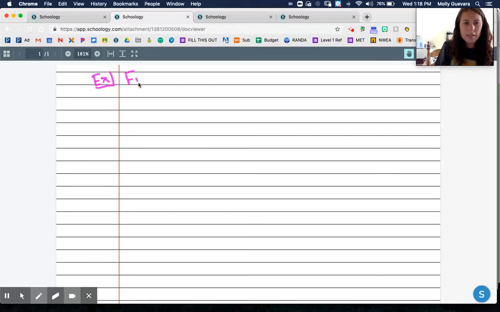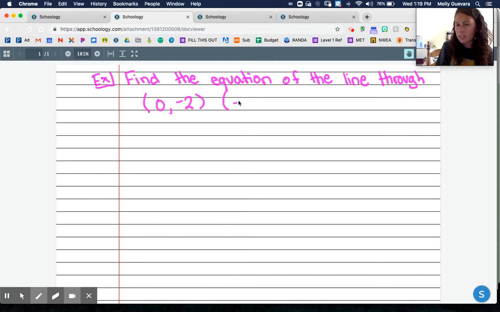Okay, so last example, let's find the equation of the line through the points 0, negative 2, and negative 3, 2.